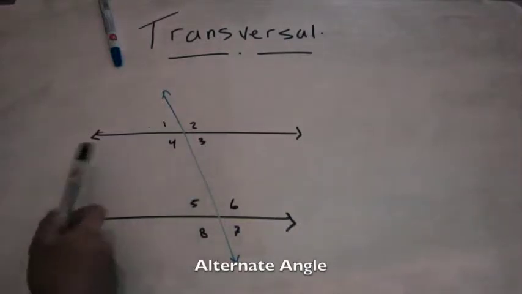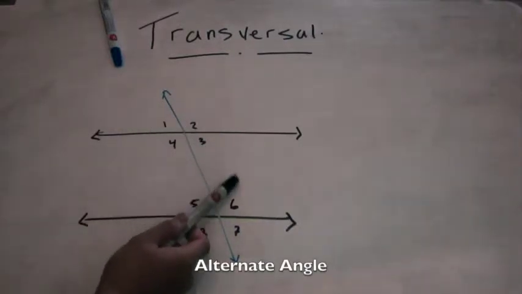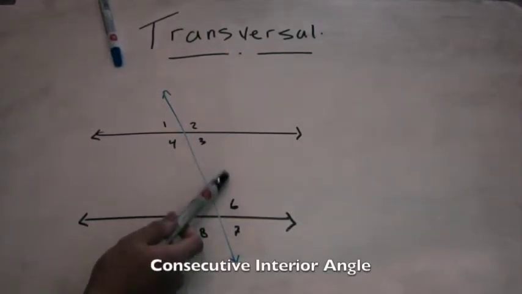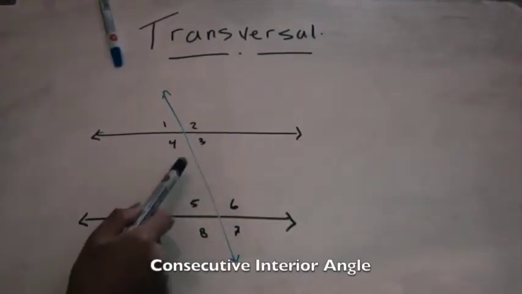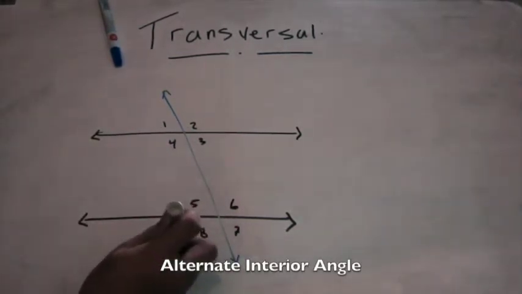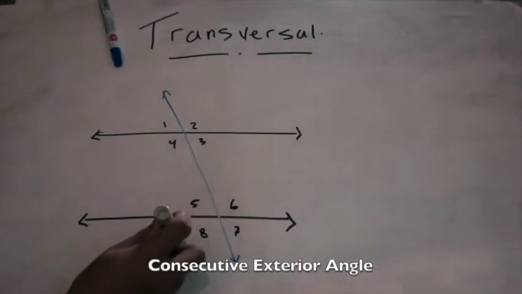Those are alternate angles. So 3 and 6 are called consecutive interior angles. 3 and 5 are alternate interior angles, and 7 and 8 are consecutive exterior angles.